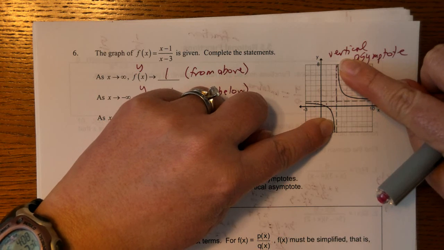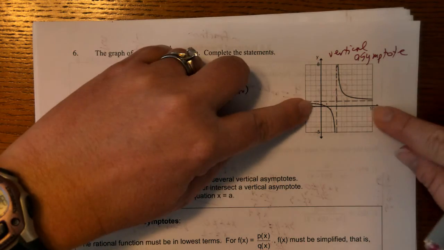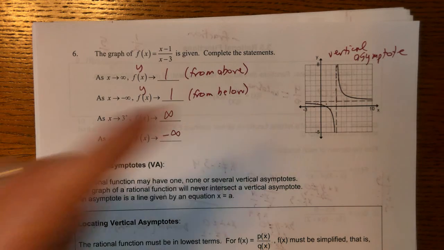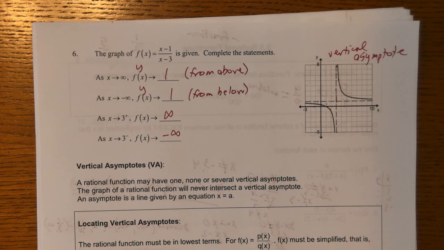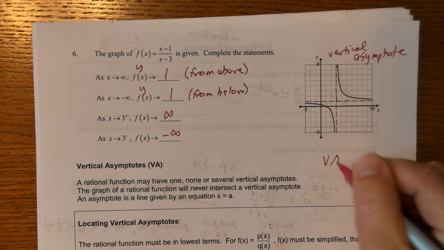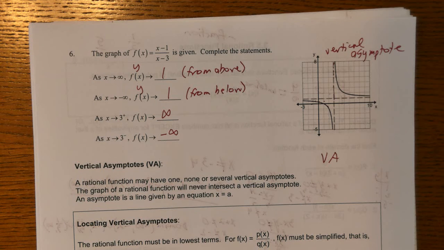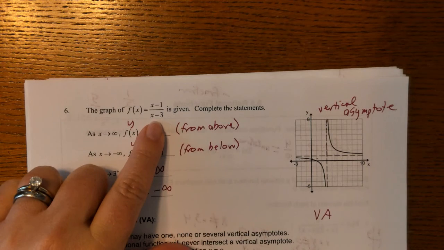Doesn't have to be that way. It's possible, we'll see some later, where both sides are zooming up or both sides are zooming down, but that's an option that one side could go up and the other could go down, okay? We'll talk more about horizontal asymptotes in a minute, but for right now, vertical asymptotes, sometimes I'll just abbreviate it VA for vertical asymptote. Vertical asymptotes typically occur when the denominator is 0. So notice this equation right here.